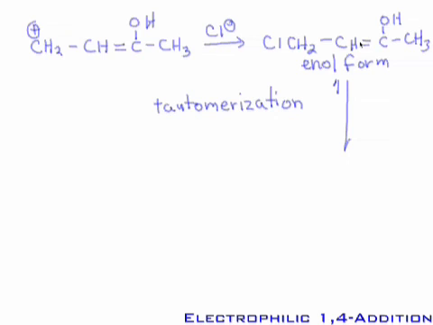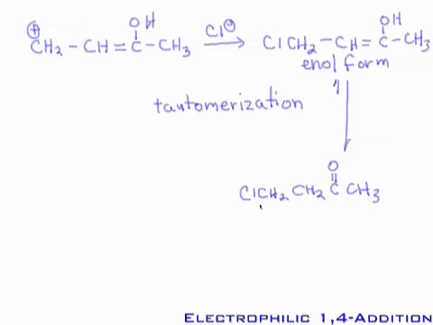And if you do that, you could envisage dumping in some electrons, creating a negative, losing a proton here, positive adding in this position, and you will get Cl, CH2, CH2, C double bond O, CH3. Now, it looks like you added HCl across the pi bond that was originally in this position.